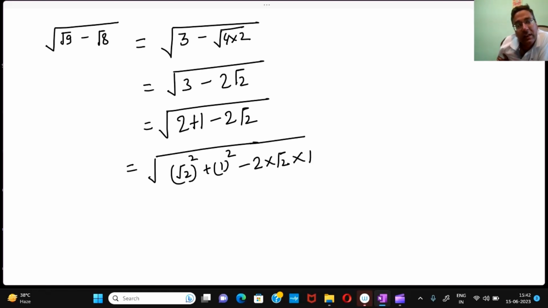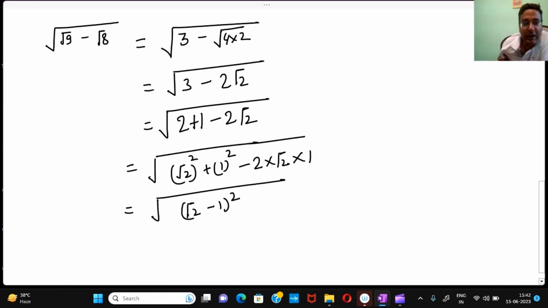You can see this is the formula of (a minus b) whole square. Now this is the formula of (root 2 minus 1) whole square, and now the root and the square cancel, so we can write it as root 2 minus 1. So the answer of this is root 2 minus 1.